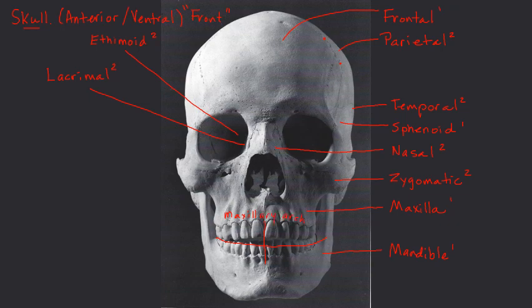Just going to write arch, maxillary arch, and the mandibular arch, dental arcade. And we find in each quadrant the same teeth. So I am going to try to do this in a logical manner. I'm going to continue to use red, and I'm just going to highlight these as I go along.